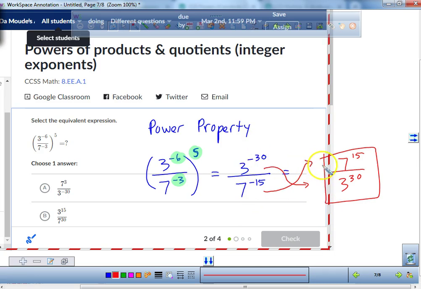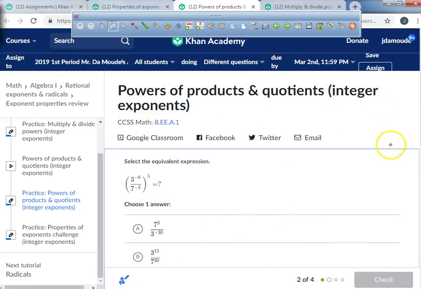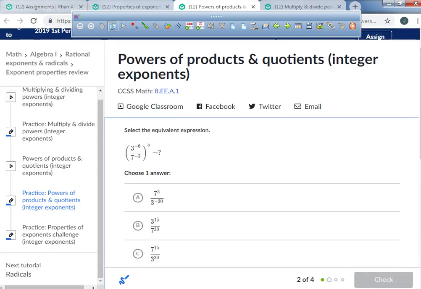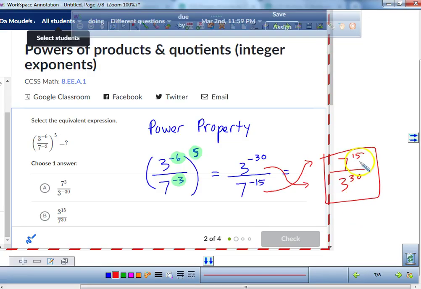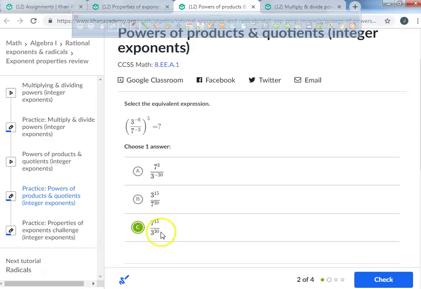Okay? So now this is going to be my final answer. That's what I'm going to be looking for. Okay, right there, 7 to the power of 15 over 3 to the power of 30. Right here.